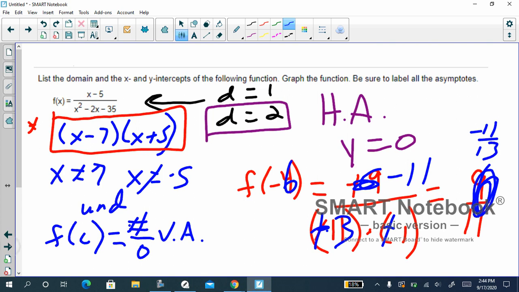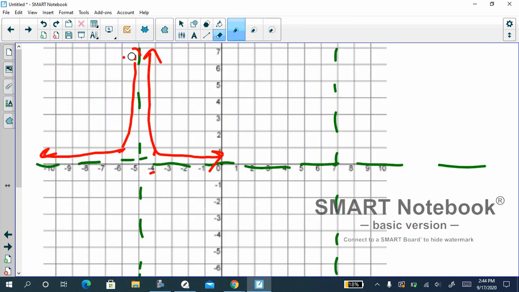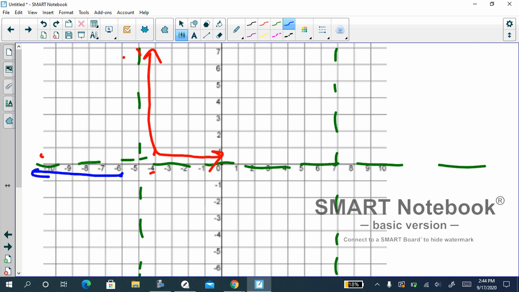Sorry about that. So we got to fix this. When x is -6, we were at -11 over 13, not positive. So depending on where our test point falls, that determines which little quadrant we're in. When we plugged a -4 in, we got here. So we were above the horizontal, which made us think we were going up.